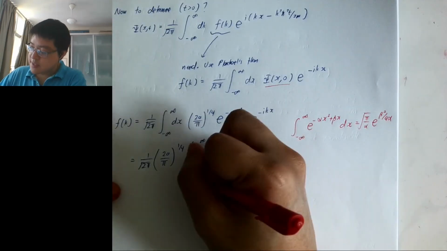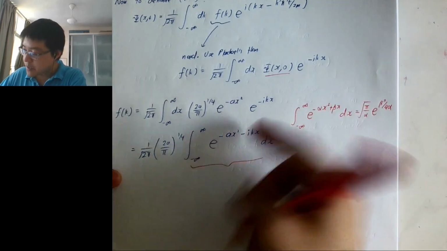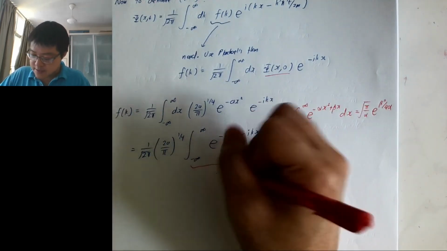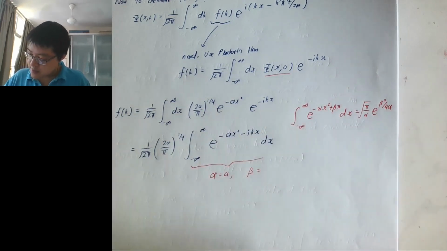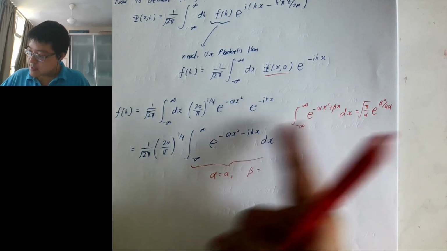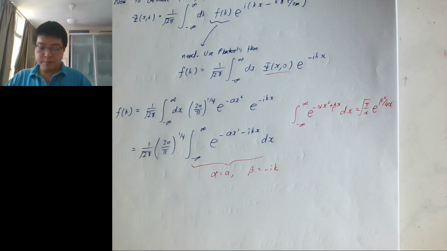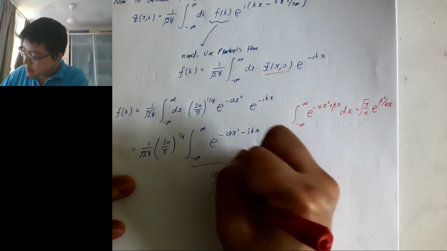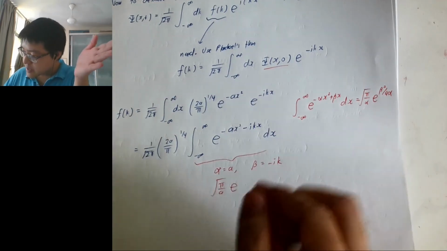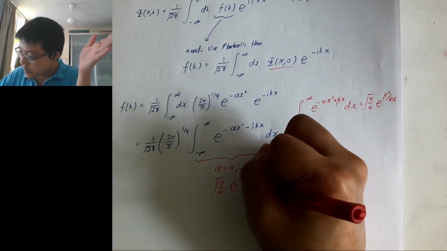Okay, so this is the same as this integral, where my alpha, if you compare, is a, and my beta is, this is minus, so it's negative ik. Okay, so I plug this in, right? What I get here is root pi over a, e to the beta squared. So beta squared is negative k squared over 4a again.